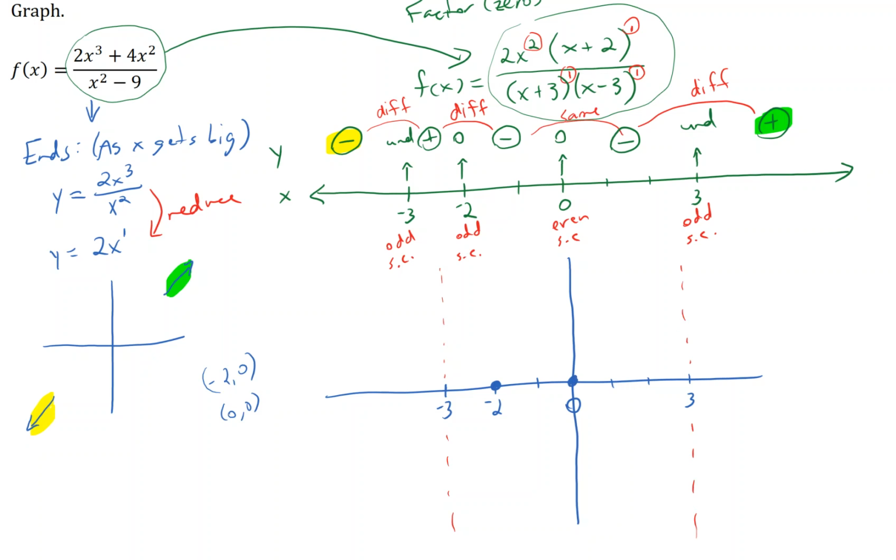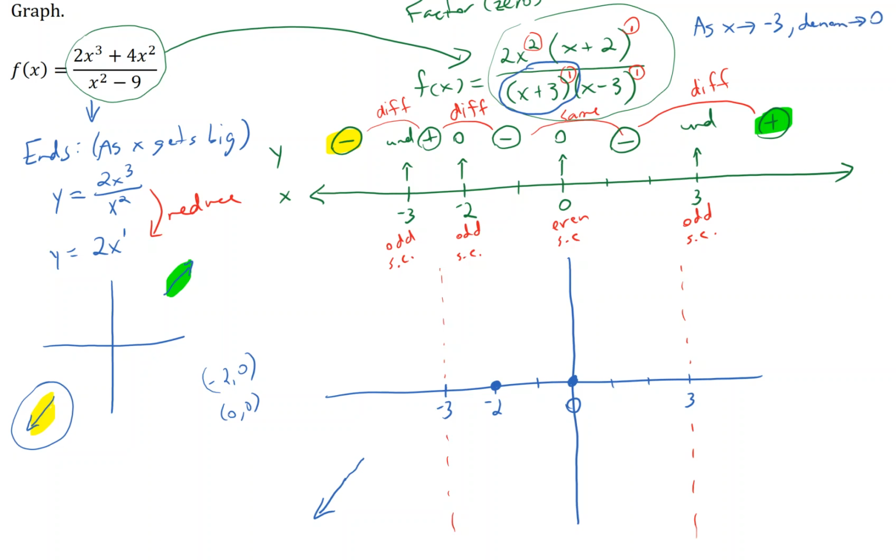Okay, the next thing I'm going to do is I like to work left to right. So I'm going to go to my left end, and I'm going to mimic that in my graph. So here's my left end behavior. And I know in this portion of my graph to the left of negative 3, my y values are negative. So they're all below the x-axis. So what happens as I move to the right and get closer to negative 3? Well, as x approaches negative 3, my denominator gets close to 0.